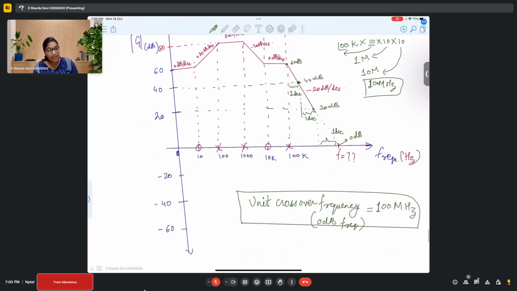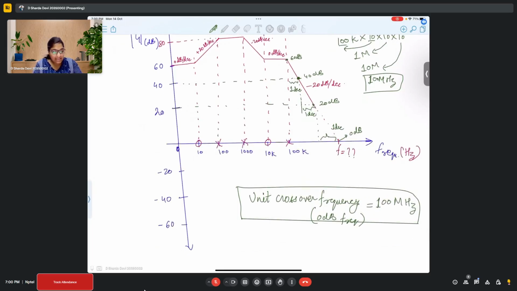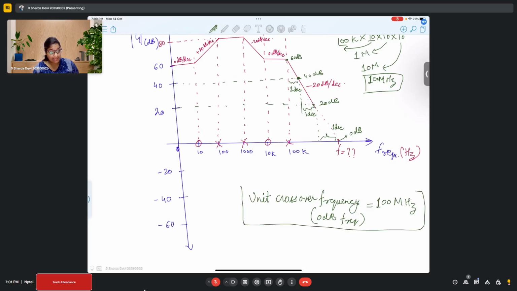No doubts. So the question is, why did I ask for the unit crossover frequency? Was there any importance of this unit crossover frequency? Do you remember any usage of this unit crossover frequency? Something related to phase margin or stability. Yes.